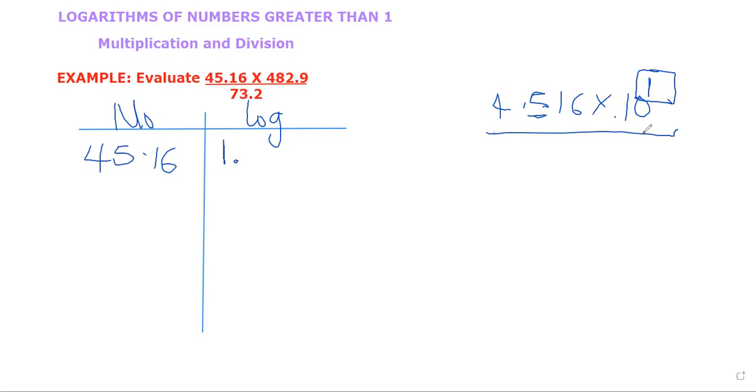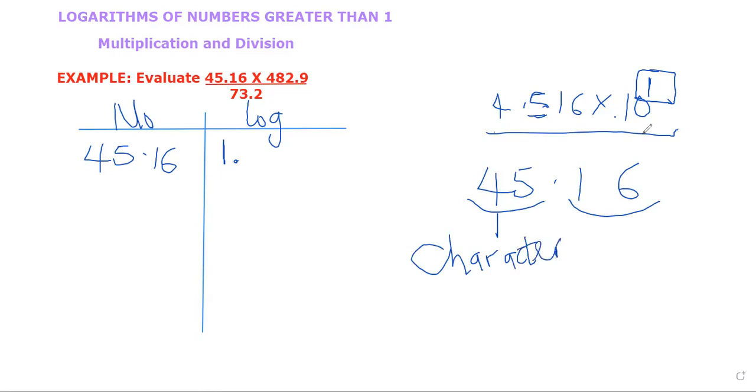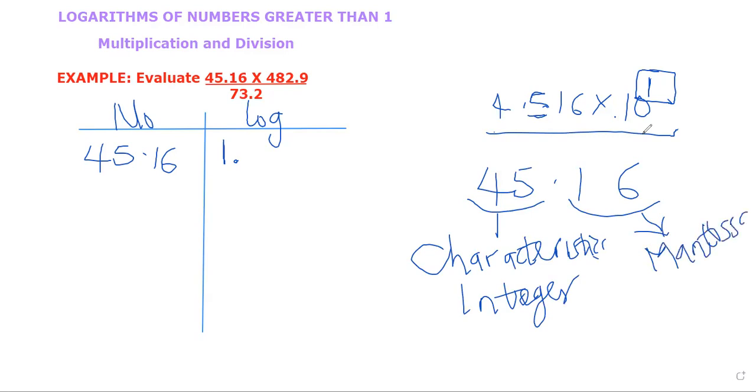I need to quickly explain that a logarithm is made up of a whole number part and a decimal part. The whole number part we call the integer part or the characteristic, and the other part is called the mantissa, or the decimal part.